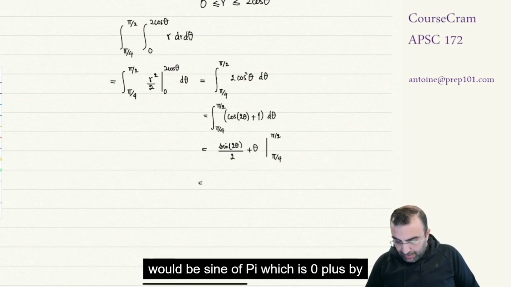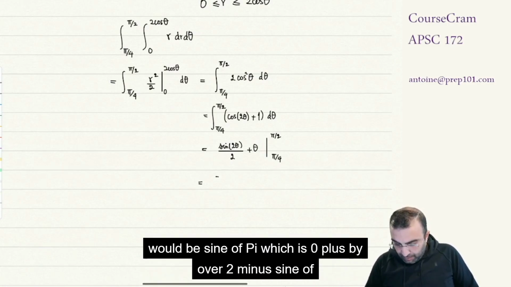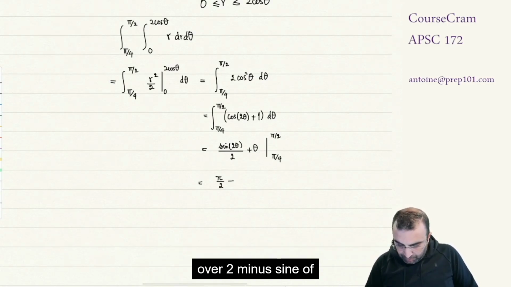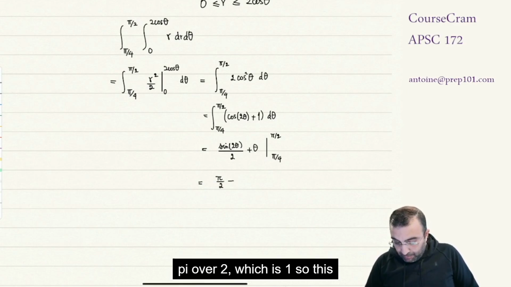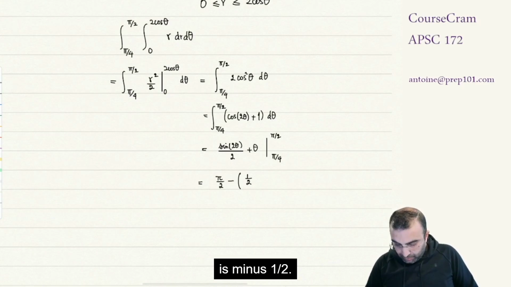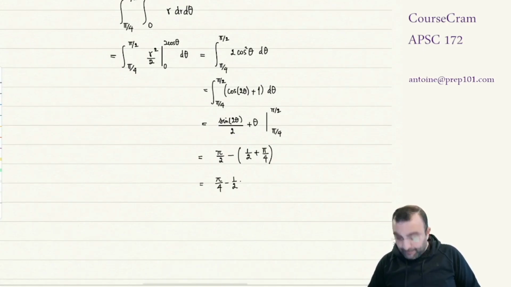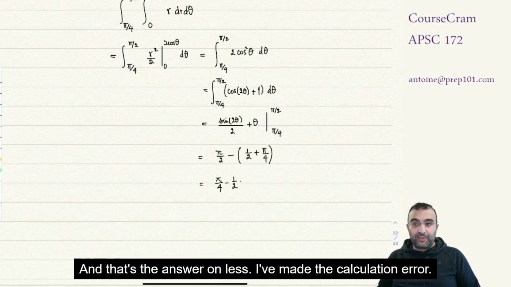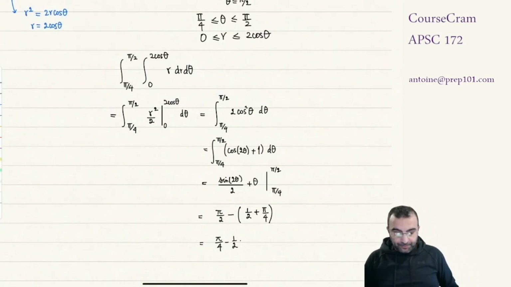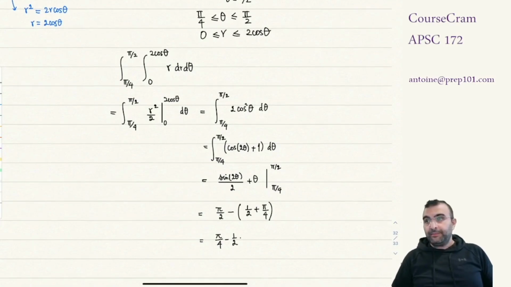So this would be sine of pi, which is 0, plus pi over 2, minus sine of pi over 2, which is 1, so this is minus 1/2, plus pi over 4. So pi over 2 minus pi over 4 is pi over 4, minus 1/2. And that's the answer, unless I've made a calculation error. Right?